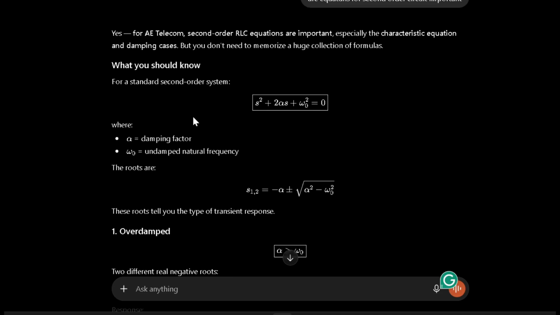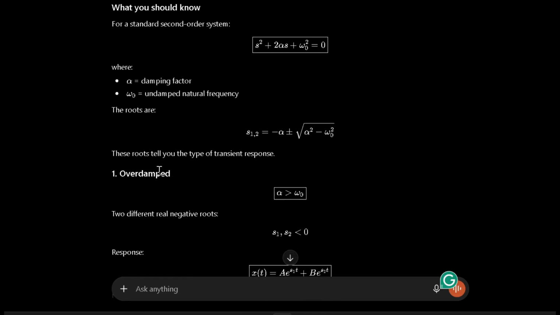Now let's study what you should know for a standard second order system. s square plus 2 alpha s plus omega naught square equals 0, where alpha is the damping factor and omega naught is the undamped natural frequency. The roots are s1,2 equals minus alpha plus or minus root over alpha square minus omega naught square.